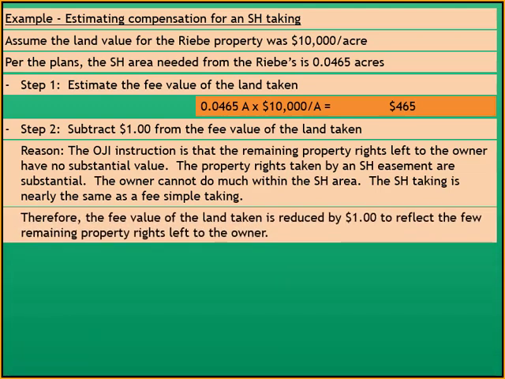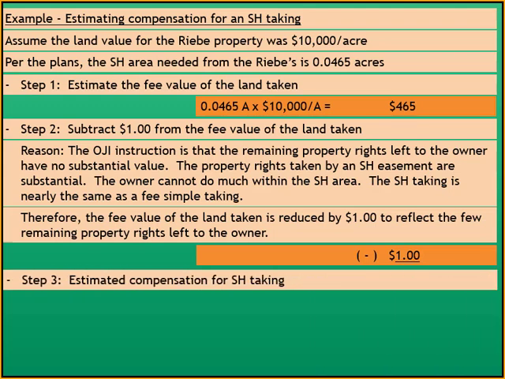Therefore, the fee value of the land taken is reduced by $1 to reflect the few remaining property rights that are going to be left to the owner after we take that SH easement. So we subtract $1. And the third step is we estimate compensation for the SH taken. And so the mathematical difference is $464.